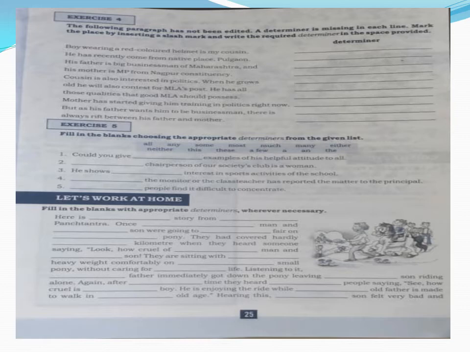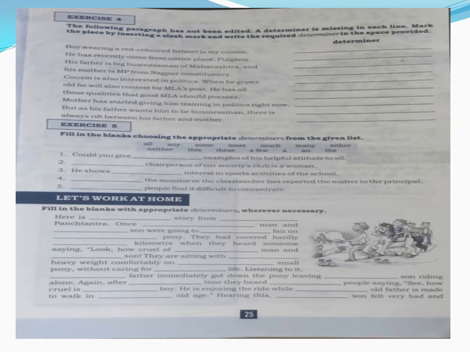Okay, a boy wearing a red colored helmet. तो यहाँ पे हम क्या लगाएंगे? अ या द. ओके, हम लगाएंगे यहाँ पे द, क्योंकि कौन सा बॉय, जिसने वो रेड कलर का हेलमेट पहना है, वो मेरा कजिन बॉय है. सो यहाँ पे आर्टिकल मिसिंग है. ओके, द बॉय वेयरिंग अ रेड कलर हेलमेट इज माई कजिन. सो हमें बॉय के आगे स्लैश लगाना है और बी कैपिटल में से स्मॉल करना पड़ेगा, क्योंकि बॉय जो है वो सेकंड वर्ड बन जाएगा. सो फर्स्ट लेटर द, THE, द बॉय wearing a red color helmet is my cousin.